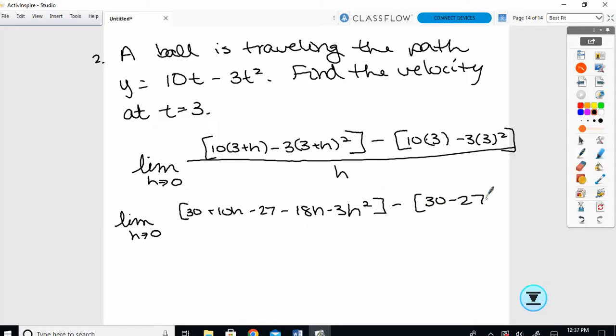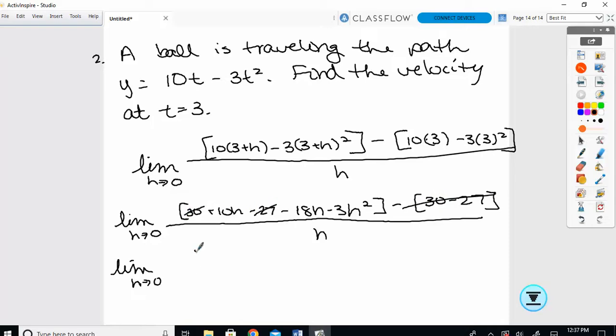Minus this would be 30 minus 27 over h. Alright, so 30 minus 27 is 3, but then I have a minus 3 here, so that all cancels. Wait, isn't it the minus? Never mind. Are we alright? Yeah. Okay. I just didn't do something, but it's the same thing.